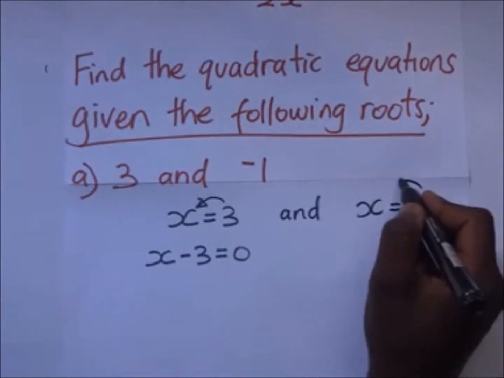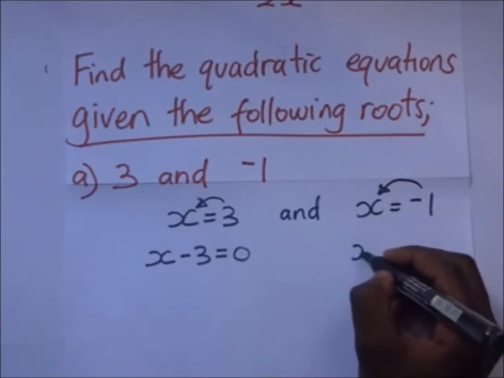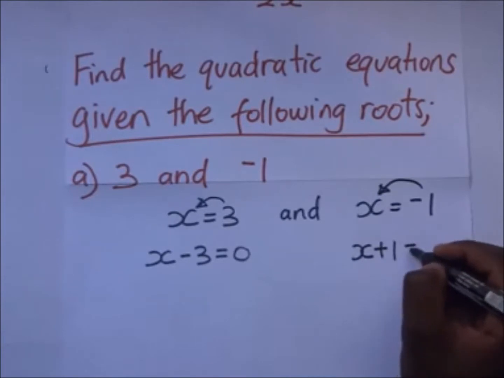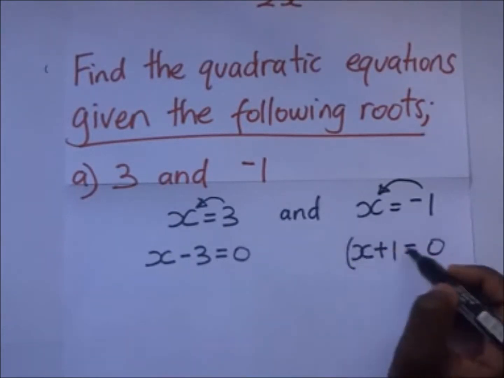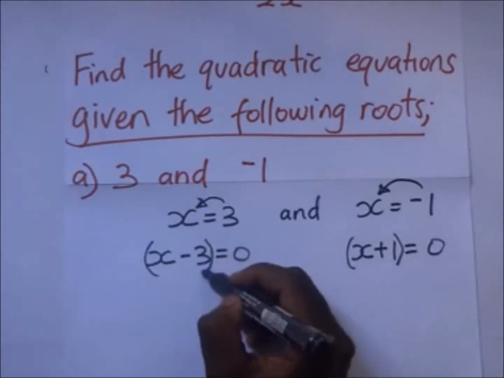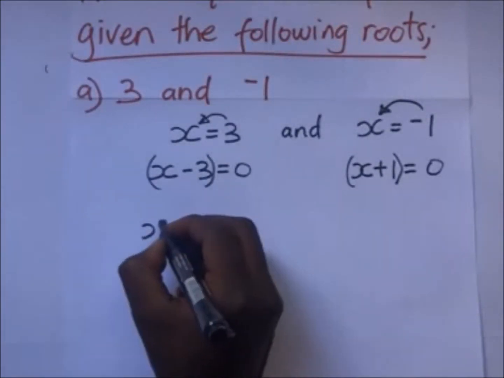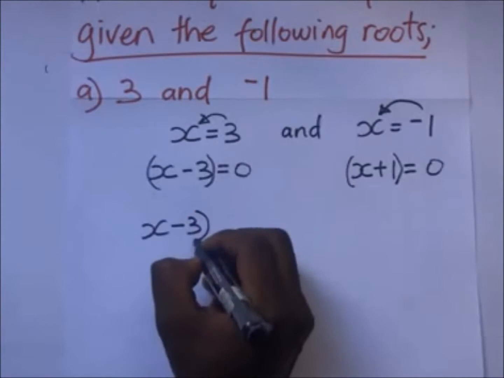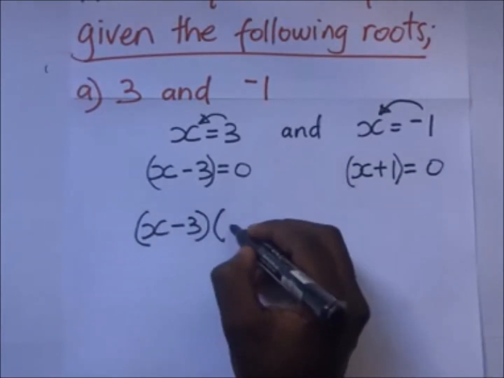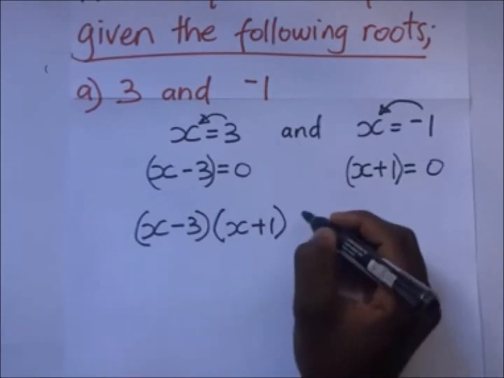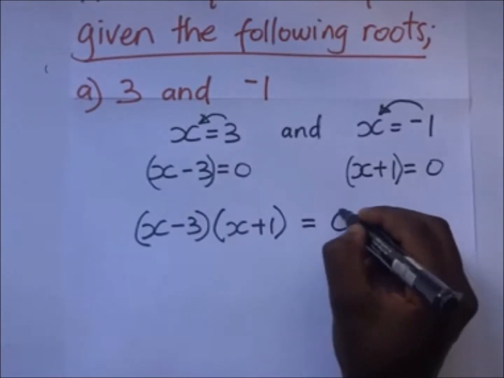Likewise here, when we shift that negative 1 this way, it becomes x plus 1 is equal to 0. So now we have two brackets here. So we go ahead and multiply those brackets. So this becomes x minus 3 and x plus 1 is equal to 0.